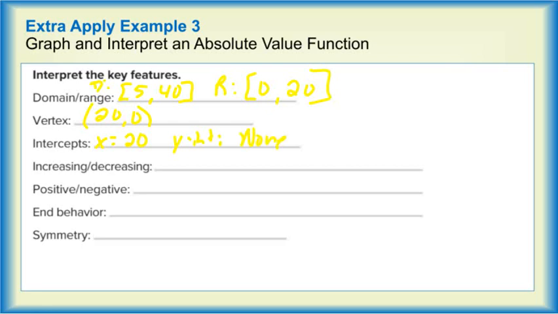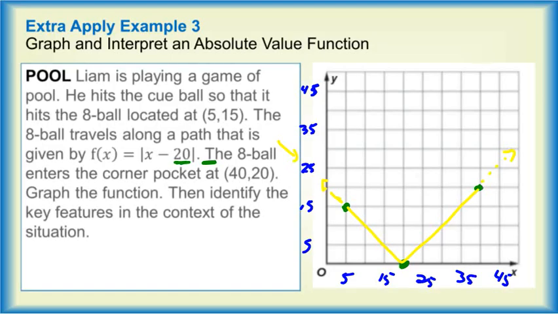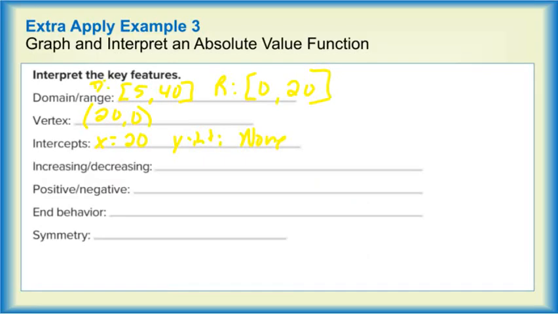If we go back to that, you do not see where it crosses the y-axis. So if I put a point back here, and this is just dashed. The solid yellow line is where we're looking at the path of the ball. It never crosses the y-axis.